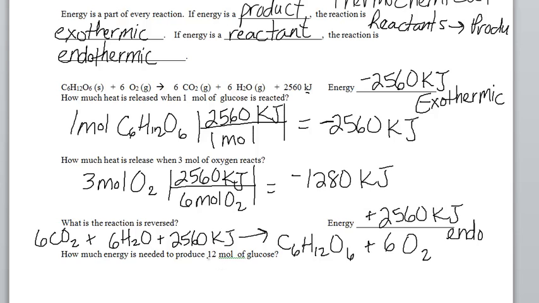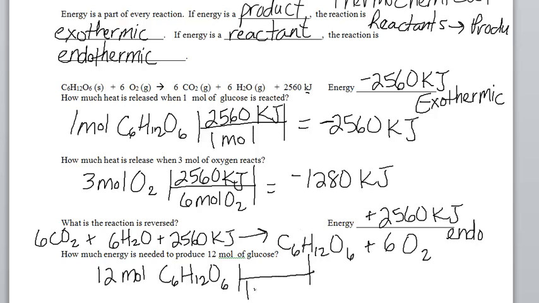So how much energy would I need to make 12 moles of glucose? Well, let's see. If I wanted 12 moles of glucose, and again, for right now, I'm not really paying attention to the significant figures. When we get down here and start looking at the grams and get a little bit more specific, then I will. What do I know? Look at my balanced equation.